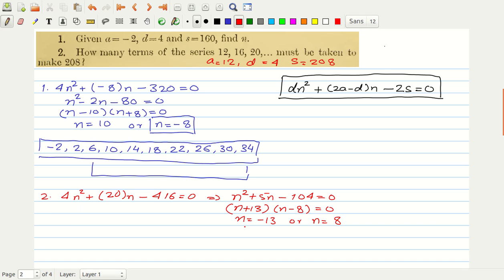So again, n is equal to 8 means that if you start with 12 and go up to 8 terms and add them, you will get the sum as 208. N is equal to minus 13 means you start at the right end, at the 13th term, and go back 13 terms. So this is problem number 1 and 2.